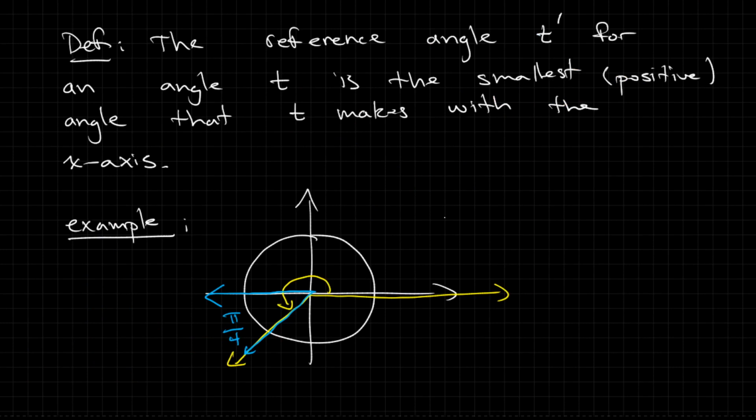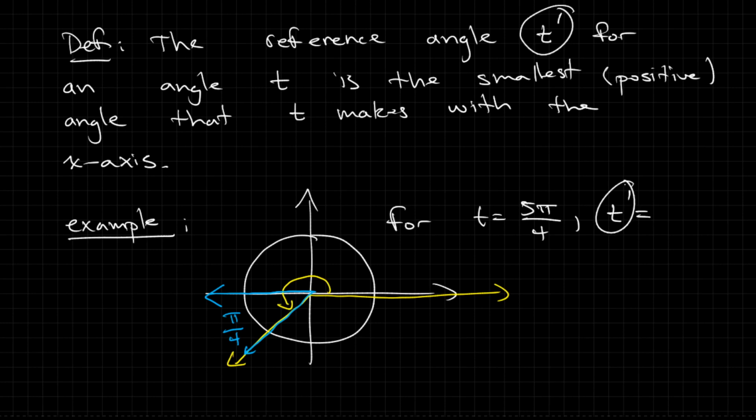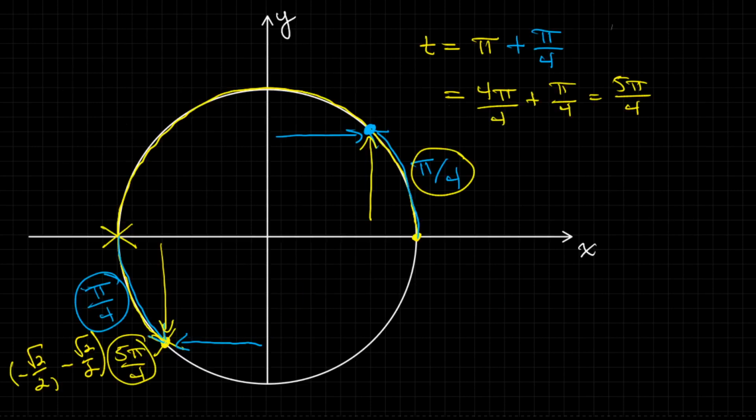So for t equals 5 pi over 4, the reference angle t prime, this notation here is frequently known as t prime, is pi over 4. And the essential thing that we discussed in order to determine what this terminal point was is the fact that since this measurement, which is the reference angle, is the same as a measurement in the first quadrant, there is a symmetry.